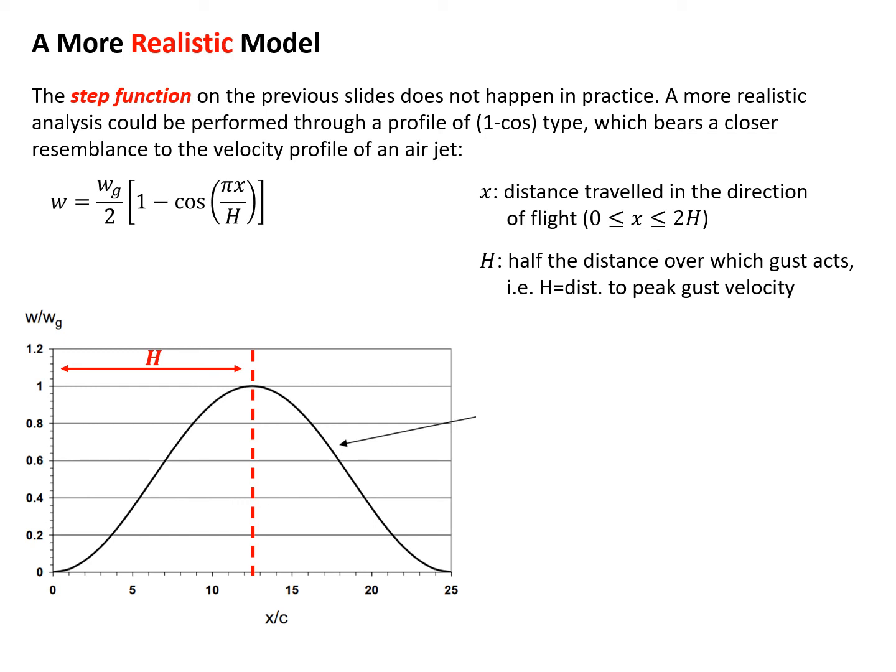The location x equals h is where the peak gust velocity happens. So you can see this is similar to a jet profile. That's what we want in the more realistic model. In this case, 2h is 25 c, so the influence area for the vertical gust is about 25 times the chord.